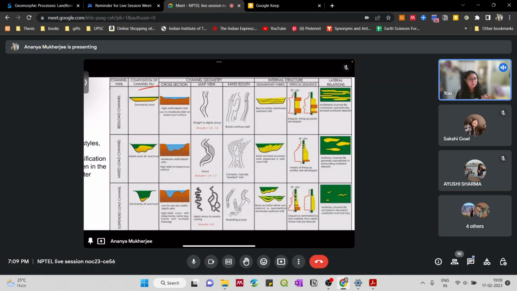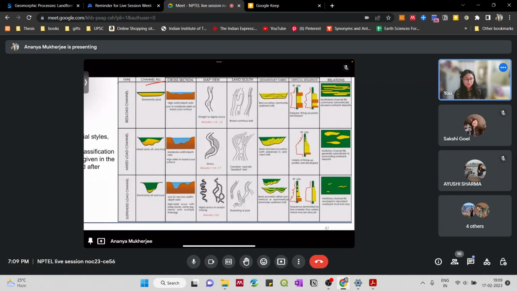You just have to understand that when your channel fill has larger particle size, it will be called a bed load channel and it will be mostly straight in nature. We are only talking about the channel form or channel pattern. All the rest of the things you don't need to remember right now because that is not taught.